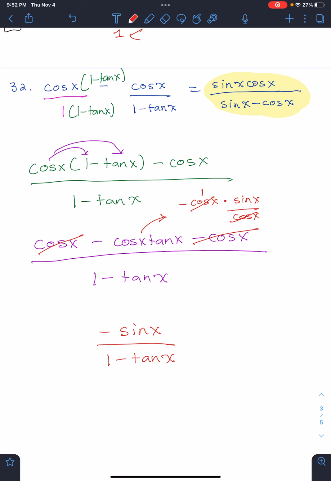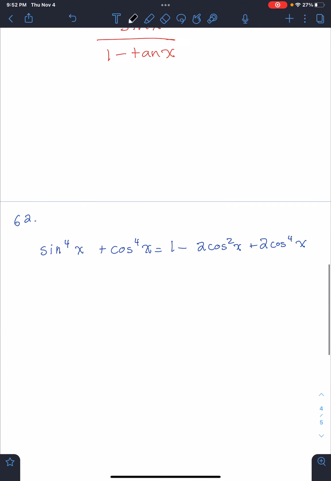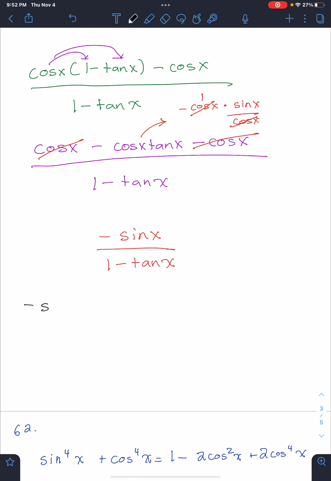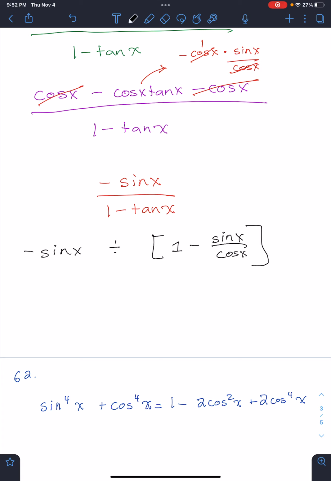But no stress. No stress at all. Because what we're going to do now is write this as negative sine of x divided by 1 minus sine of x over cosine of x. Once again, we're going to have to do some work here in the denominator, which is okay because we already knew this one was messy to begin with.